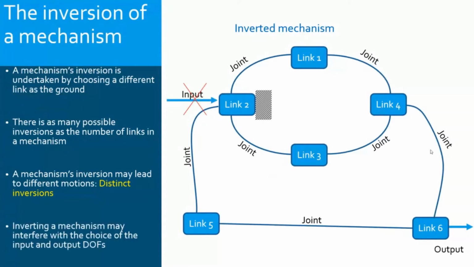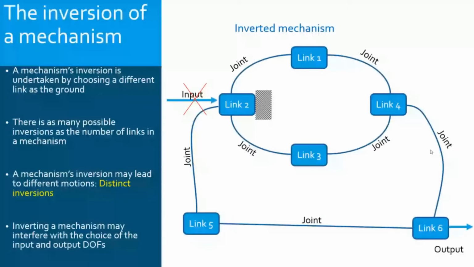Also, the inversion will interfere with your choice of the input. If your input before was on link 2, and now you consider it as the ground, you can no longer make it the input. So when you choose which link or which degree of freedom will be the input, you need to pay attention to where the ground is.